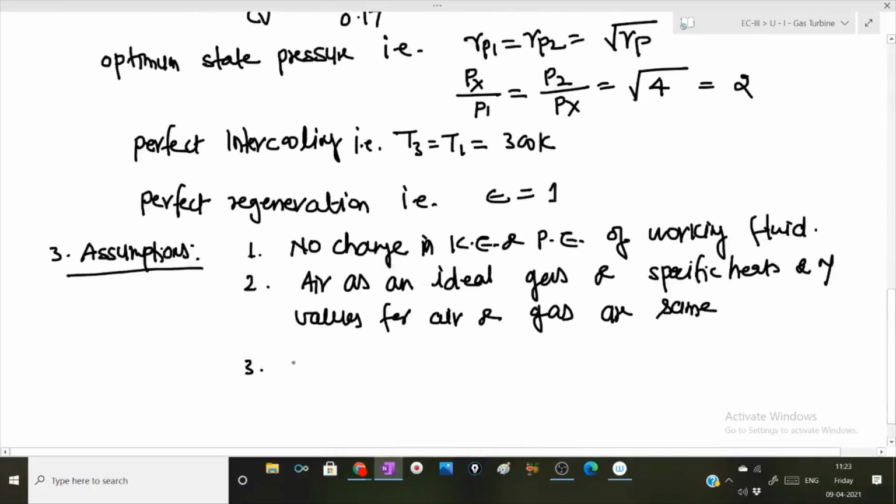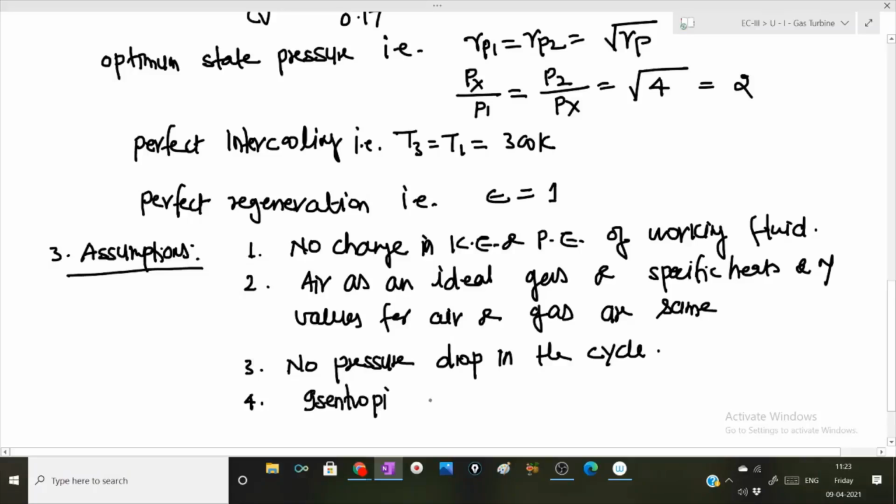Third one, no pressure drop in the cycle in either of the components. One more assumption we can make, that is isentropic compression and expansion processes.